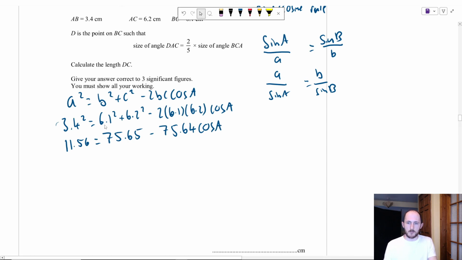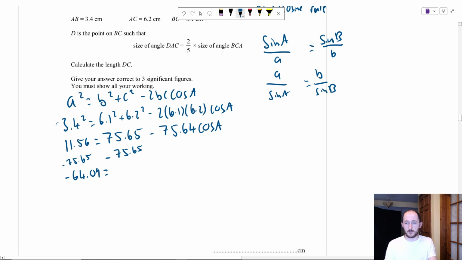Okay, so I'm going to move this 75.65 to the other side. So I'm going to subtract 75.65 from both sides. So if I do 11.56, we get 64.09.